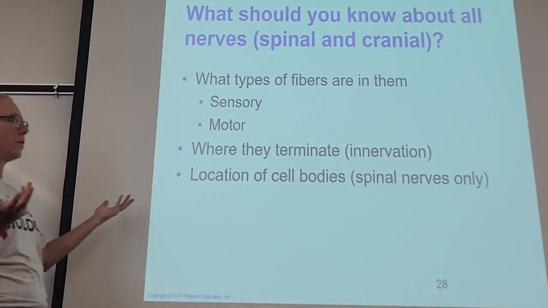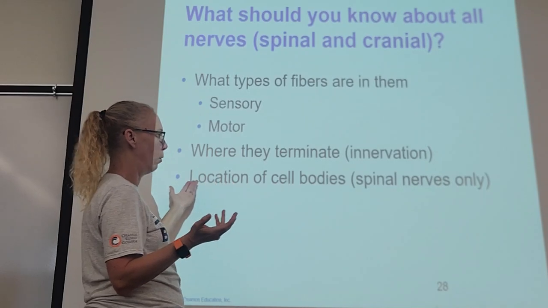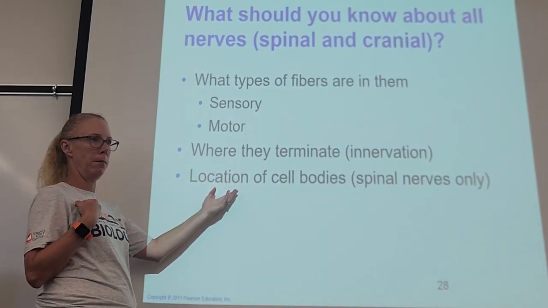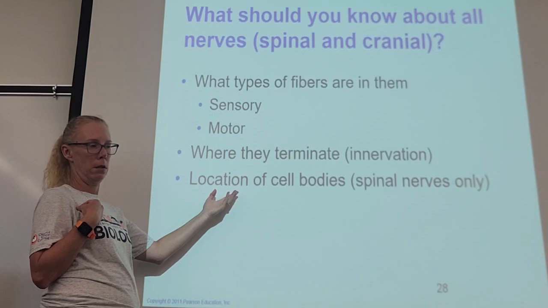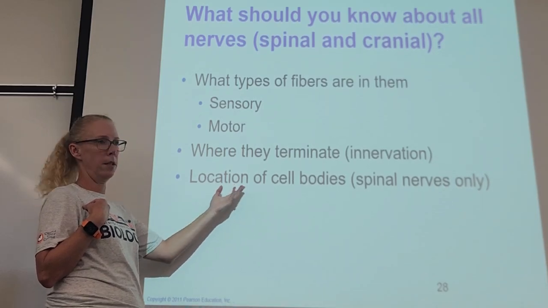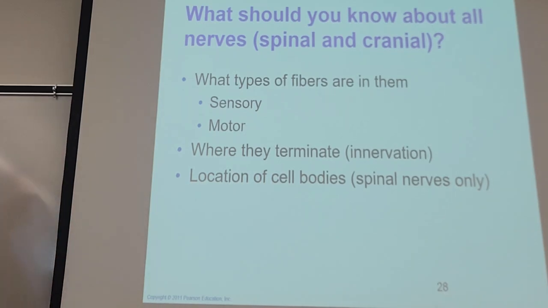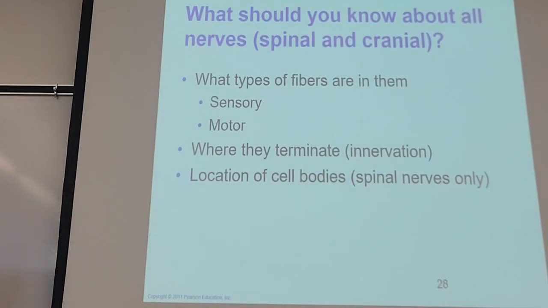For spinal nerves C1 all the way down to coccygeal 1, what structures in the PNS do we find cell bodies in? Where are we going to find cell bodies? In ganglia, yeah, specifically the dorsal root ganglia. So basically know their function, sensory or motor, or both, and know what they do.